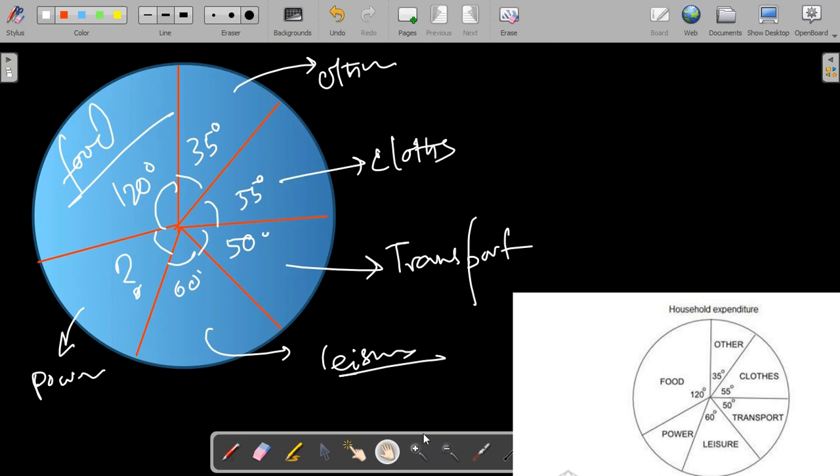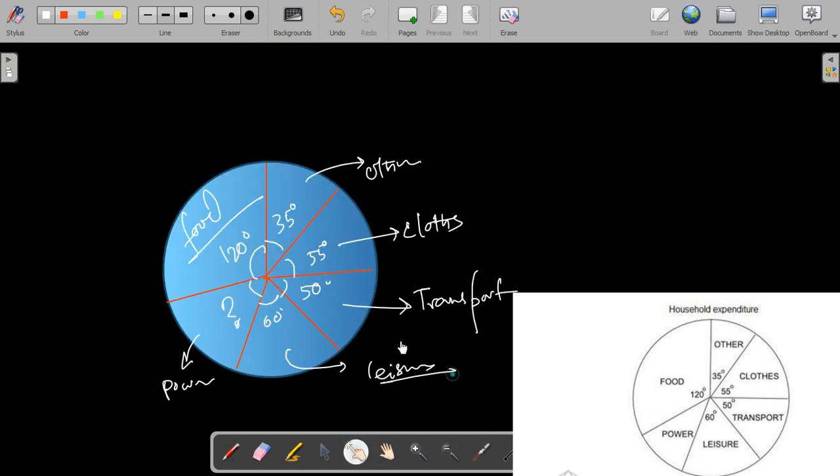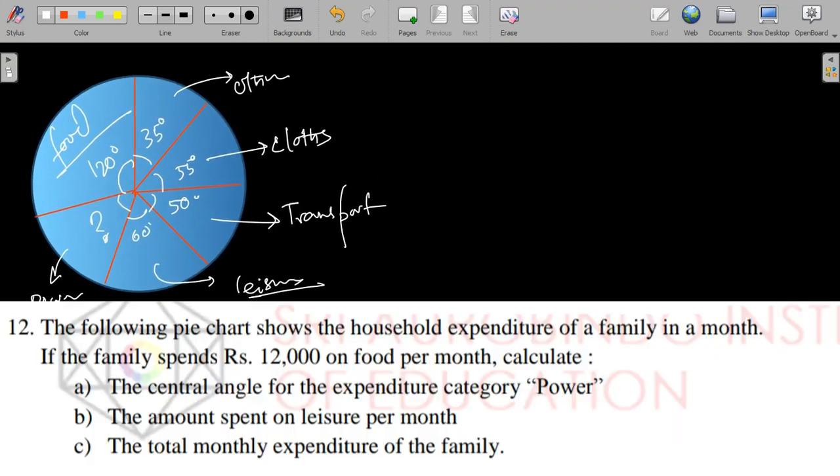Now let's find out what questions have been asked here. First of all, this is question number 12. They have asked, with one more piece of given data that I missed: if the family spent 12,000 rupees on food per month, then what is the actual expenditure? So on food, the money spent is 12,000 rupees.